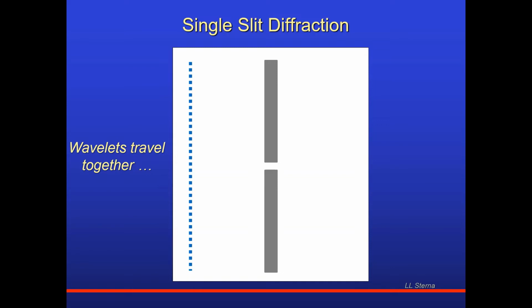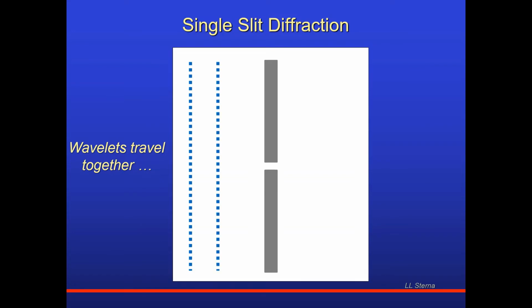Let's start by going back to something I did previously, illustrating Huygens' principle, how wavelets travel together until they reach some kind of barrier. This illustrates single-slit diffraction. So the line of dots is a wavefront, and the dots illustrate what in Huygens' principle are called the wavelets, little disturbances that make up the wave.